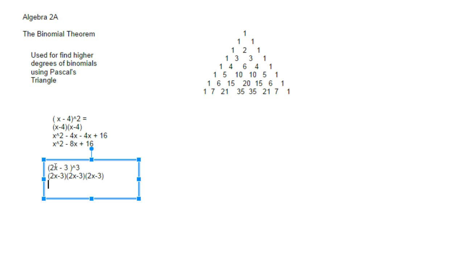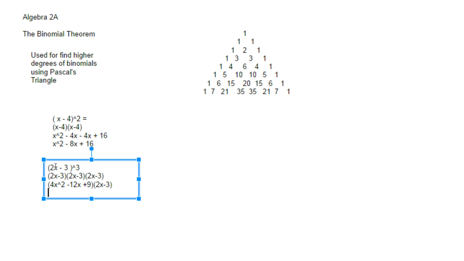So that first one is going to be, oh, not x squared, 4x squared, because 2x times 2x is 4x squared, minus 12x plus 9. So that's that first trinomial, and then we times it by this again.